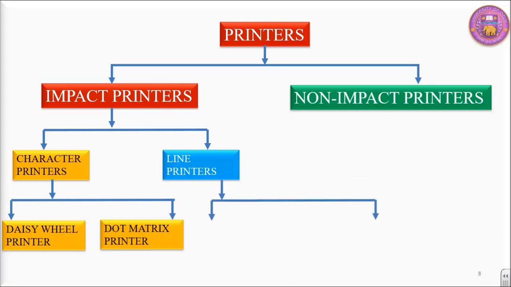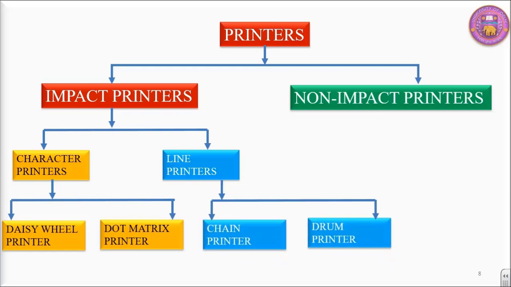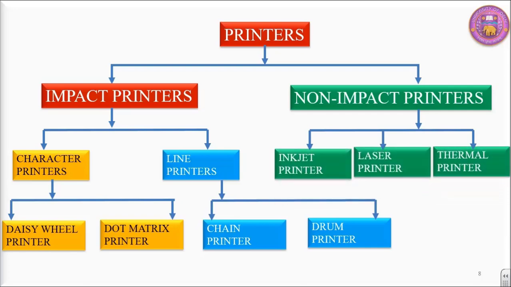Line printer can also be divided into two parts. One is chain printer and the second is drum printer. In the category of non-impact printers, we can divide them into three categories. The first is inkjet printer, second laser printer, and the third one is thermal printer.